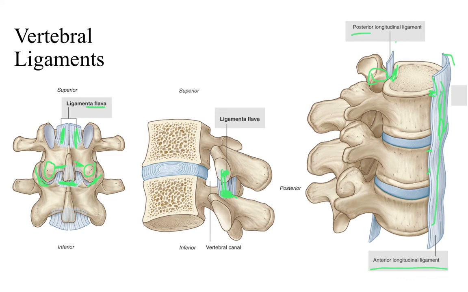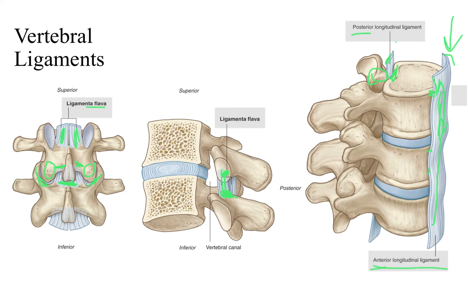These two, the posterior and anterior longitudinal ligaments, are not as stretchy, don't have as many elastic fibers as the Ligamenta flava. So their job is, if you're talking the anterior, to resist extension. So if you bend your back backwards, this is responsible for resisting that extension. And then the posterior longitudinal ligament, when you're bending forward, resists flexion.